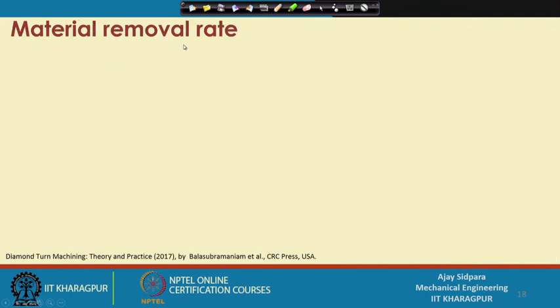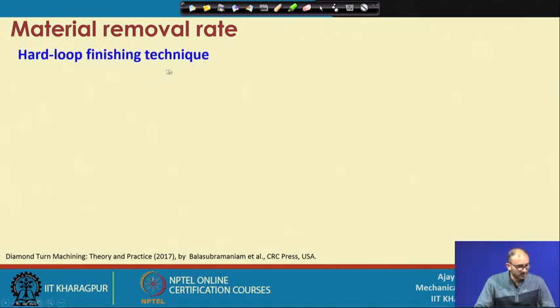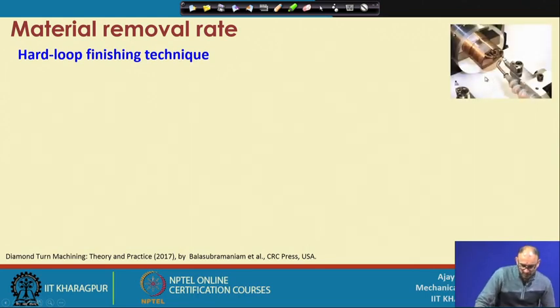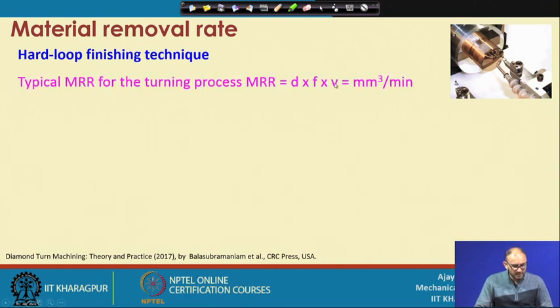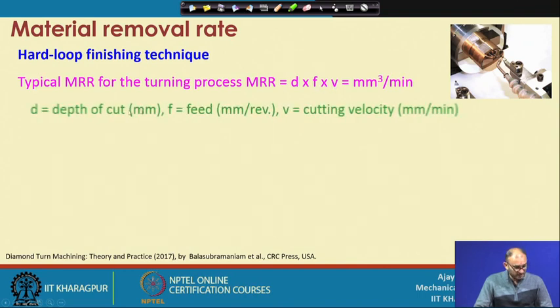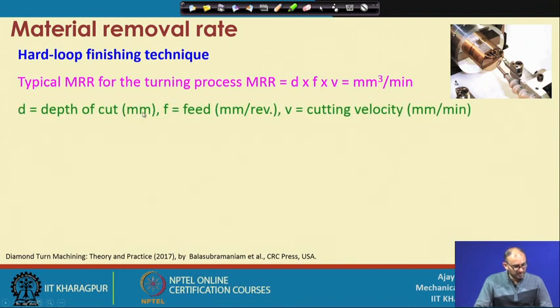So, let us see how the material removal takes place in both cases. First, let us talk about hard loop finishing, that is diamond turning machining. The equation is similar to what we have used in the conventional machining process, like depth, feed and speed, where D is the depth of cut, mostly in millimeter.